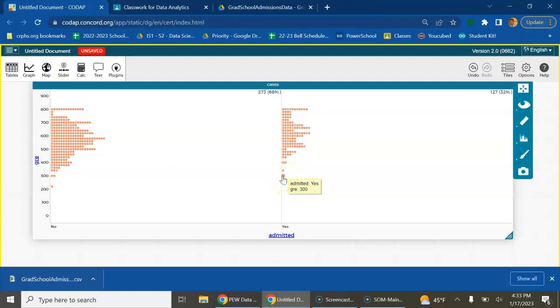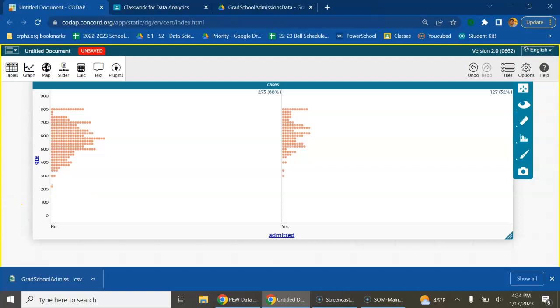So lowest for admitted is 300. And the lowest that was denied, we have to go over to the no column. The lowest that was denied was a 220.